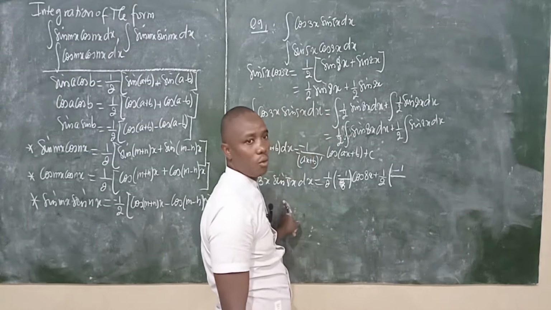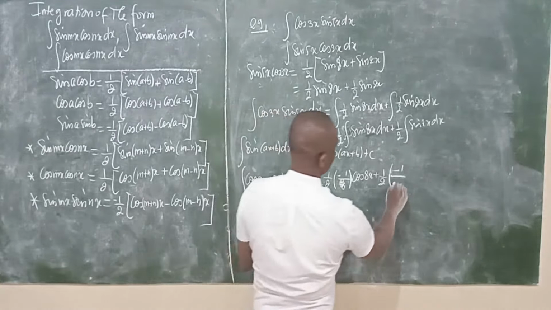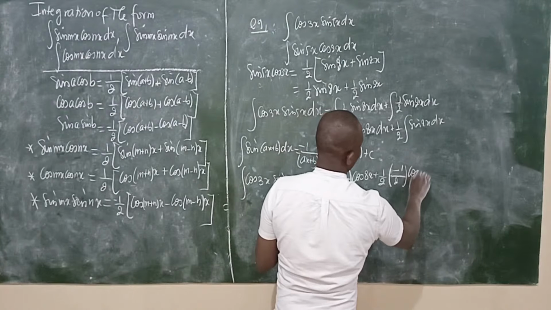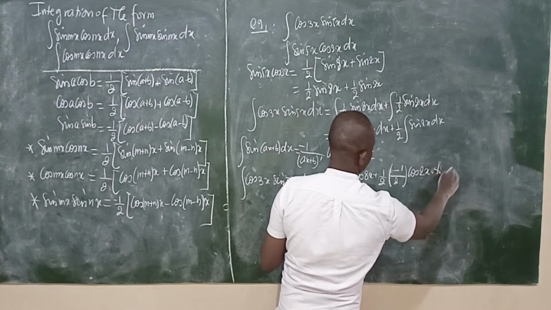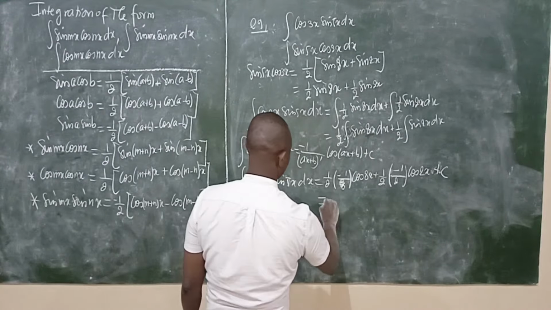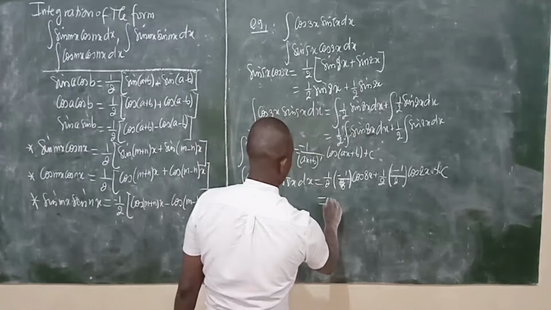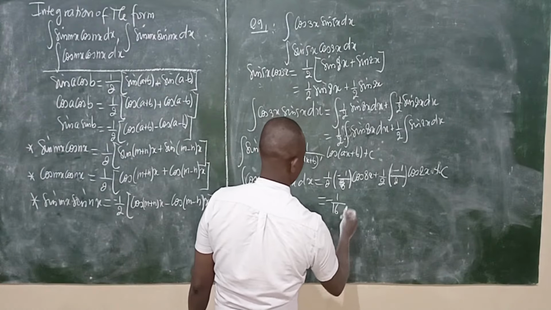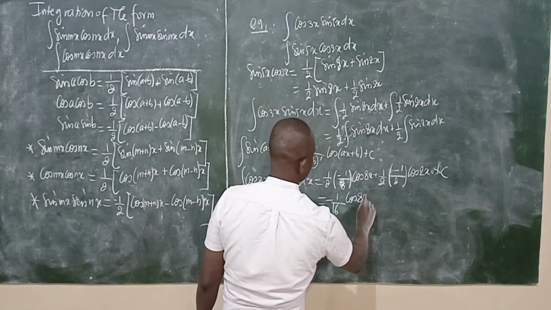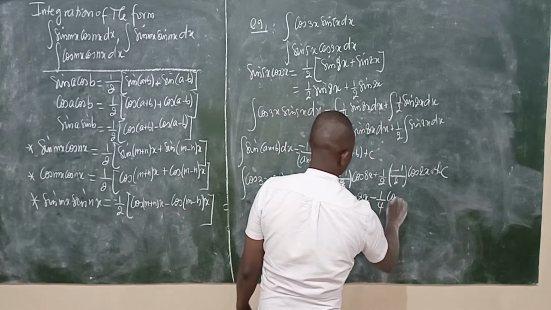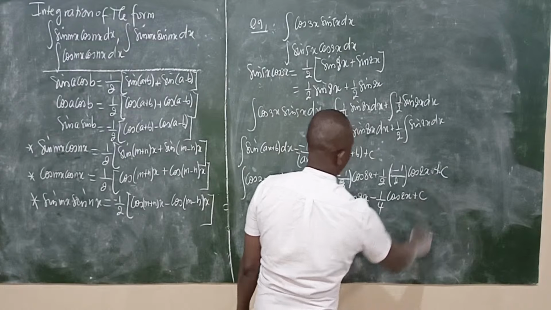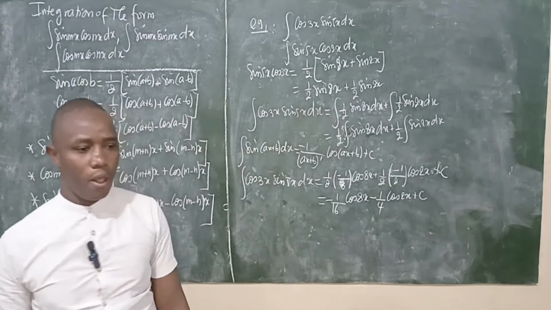What is the derivative of 2x, guys? That is 2, cosine of 2x, plus c. Now the integral will be minus 1 over 16 cosine 8x minus 1 over 4 cosine 2x plus c. We can stop here.